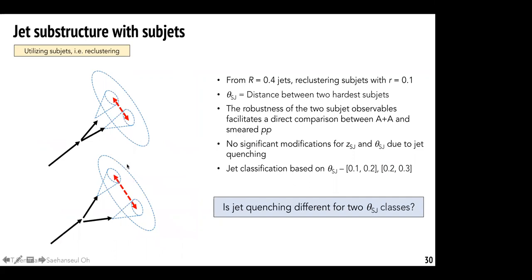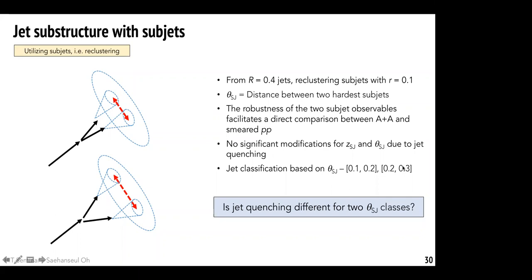So this is the original question that I asked in earlier slides. Based on the theta SJ value, we can classify jets. So these are wider jets, and these are narrow jets. Theta SJ between 0.1 and 0.2 can make one class, and theta SJ 0.2 to 0.3 can make another class.